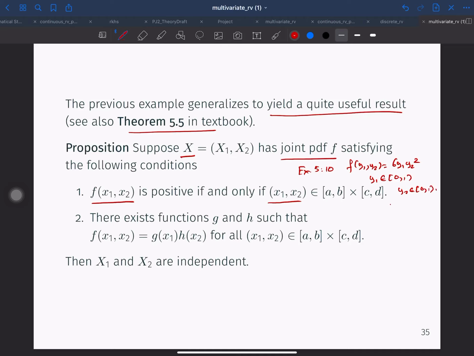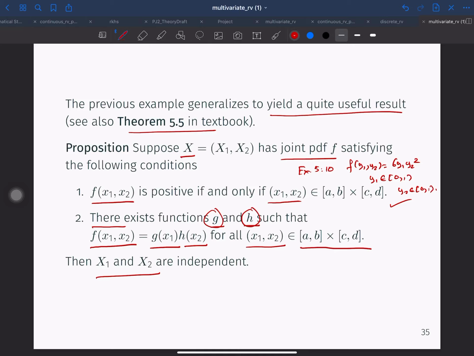So the first condition is satisfied. And the second condition is that there exist functions g and h such that you can write f(x1, x2) as g(x1) times h(x2) for all x1, x2 in that rectangle. Then under these two conditions, x1 and x2 are independent.